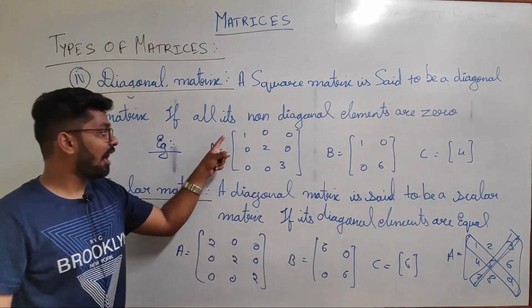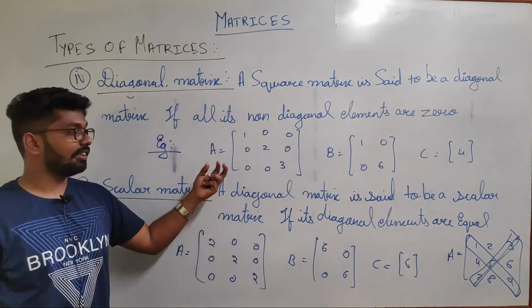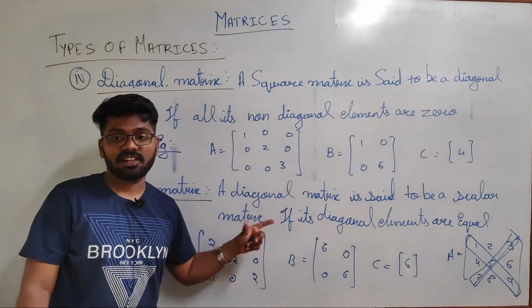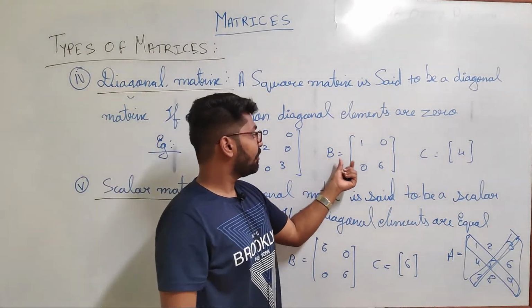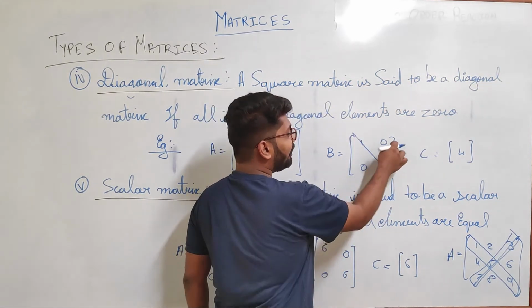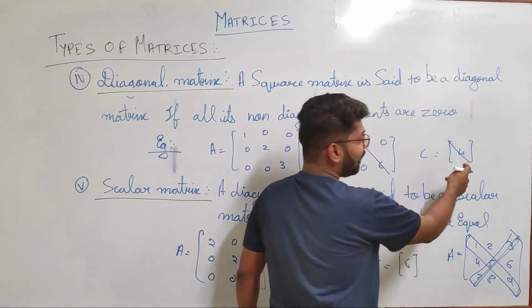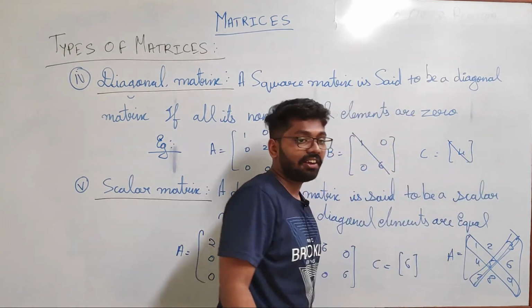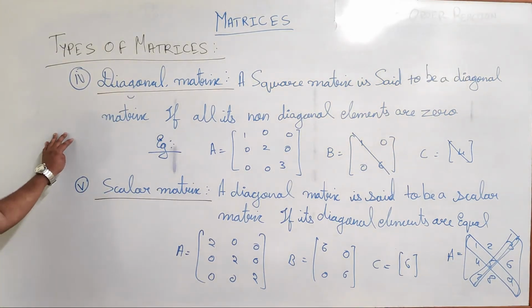So it means that other than the diagonal elements, if all elements are 0, then that type of matrix is known as a diagonal matrix. You can see here in the second example also, this is a diagonal element. Other than diagonal elements, all are 0. Here also this is a diagonal element, but non-diagonal elements are not there at all. Okay, so this is about diagonal elements.